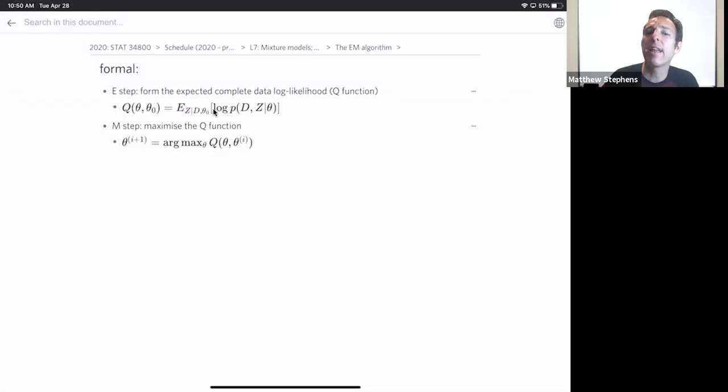And then we take the expectation of this complete data log likelihood with respect to Z. And we call that function Q.